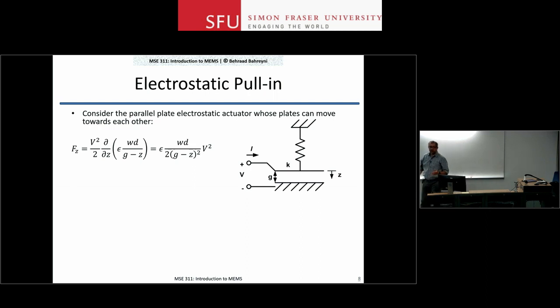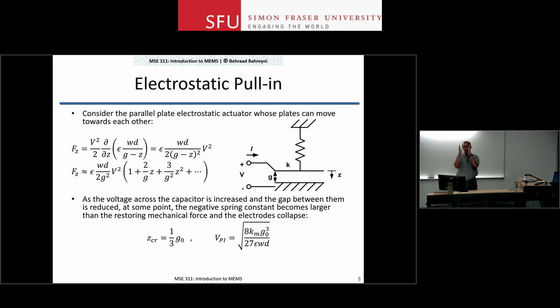This is called pull-in, right? And the bad news is that, for a parallel electrode situation like what you see here, mathematically you can show that pull-in happens once the gap between the two electrodes is reduced by about 33%.